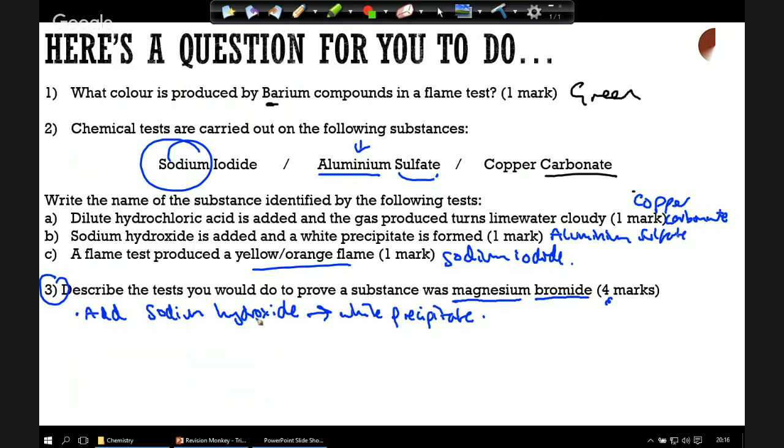So white precipitate, because it's a precipitation reaction. You would then add excess sodium hydroxide. And then if it disappeared, it would be aluminium. But if it stayed, you would know it was calcium or magnesium.